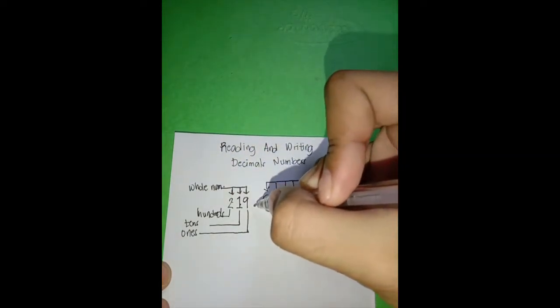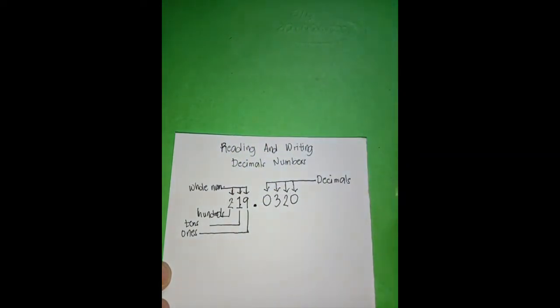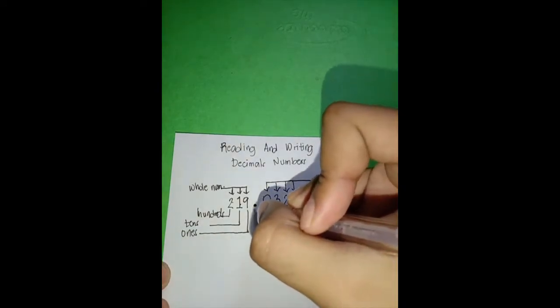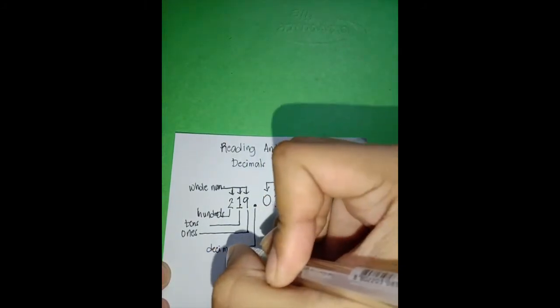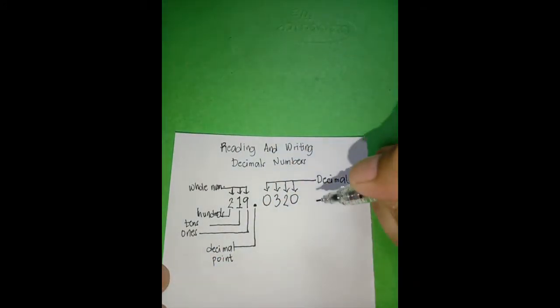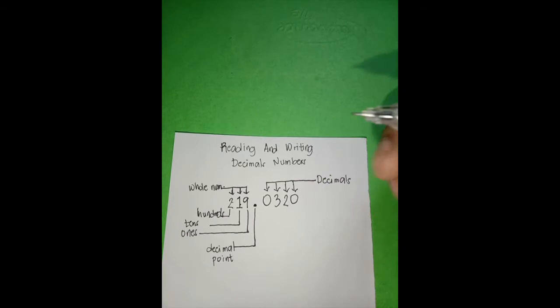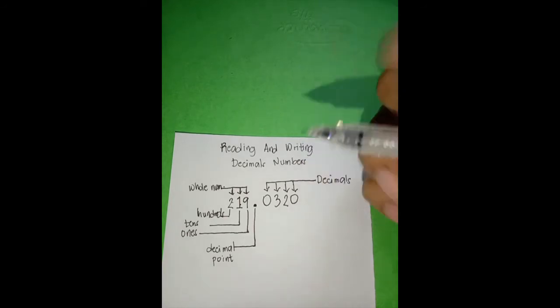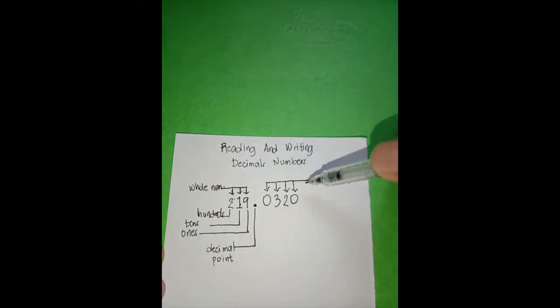This is the place value of our whole number. And if you notice, we have here a point, which is the decimal point. The decimal point separates the whole number and the decimals.